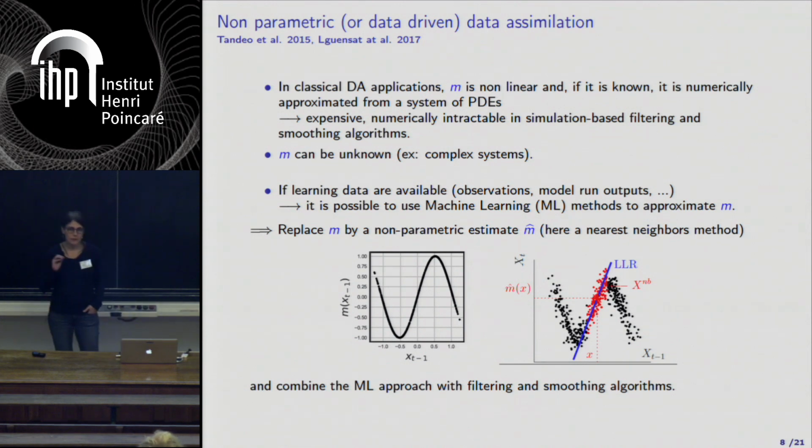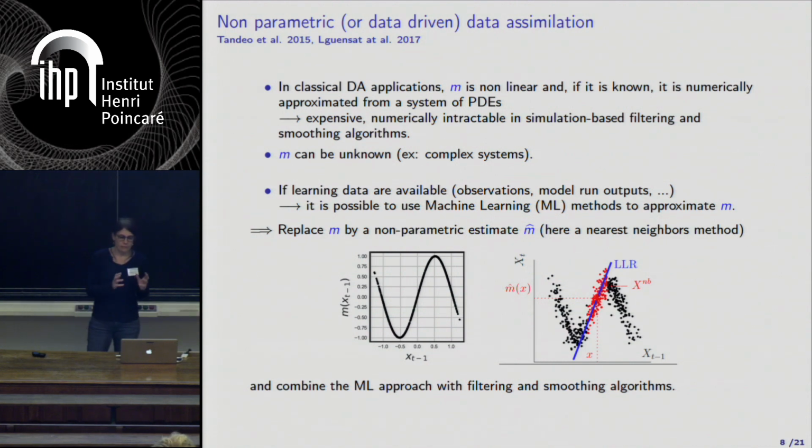For the second step, once we have a time series of X, we need to estimate M. And I said I will use machine learning methods, and I decided to use local linear regressions. In the previous talks, most of the people used analog methods or neural networks.